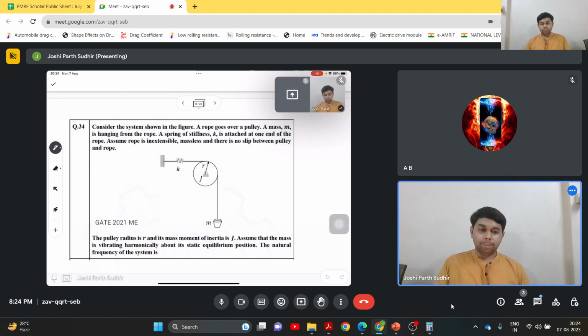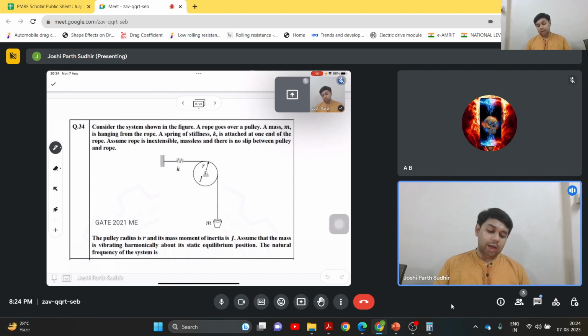In this problem, which is from the GATE 2021 question paper, it is given that there is a mass small m, which is suspended from a rope through a pulley.